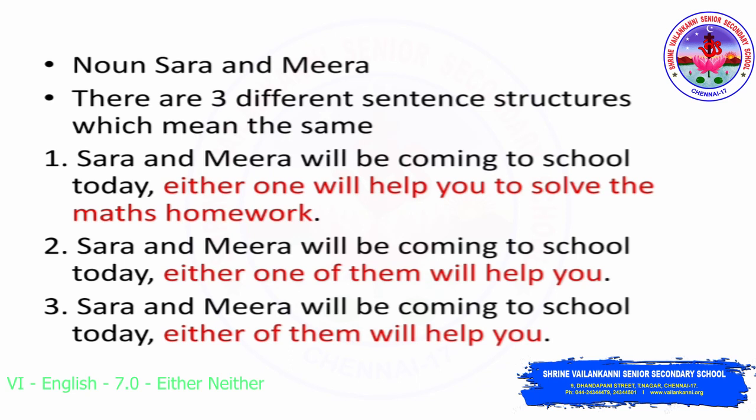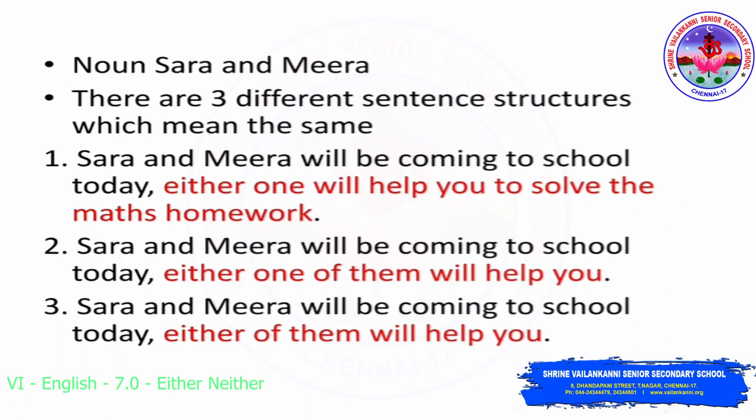Either of them will help you. I'm just taking off "one" and writing it as "either of them will help you". So all these three forms are correct and mean the same.